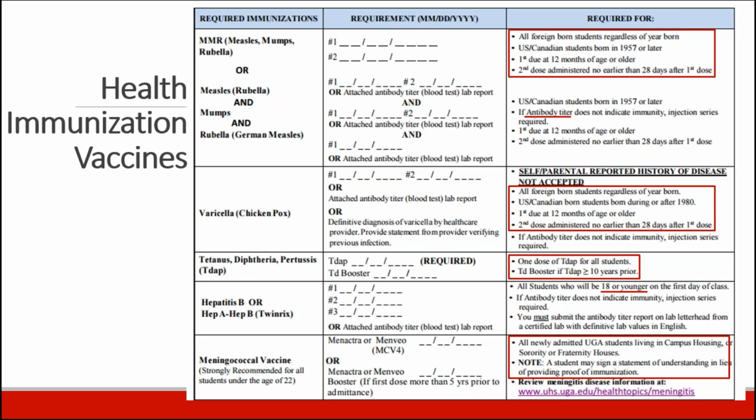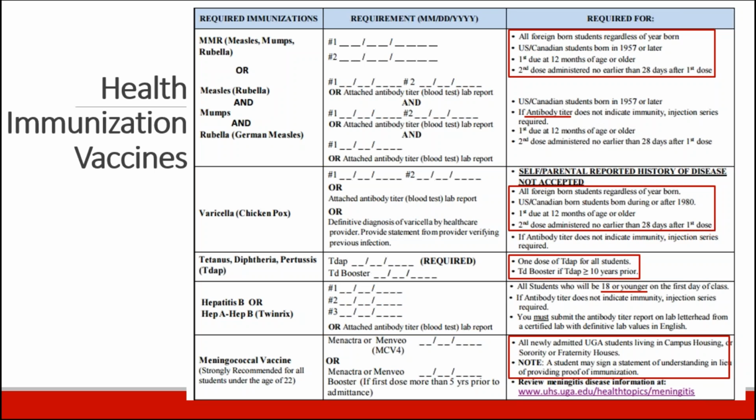The second requirement is the varicella or chicken pox. You must either have proof of the 2 doses of the varicella or have proof of an antibody titer test that your doctor can do, or your doctor can certify that you have had the chicken pox when you were younger, but we do have to have a document from your doctor that indicates that history.